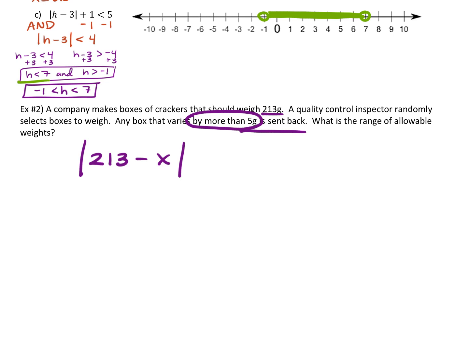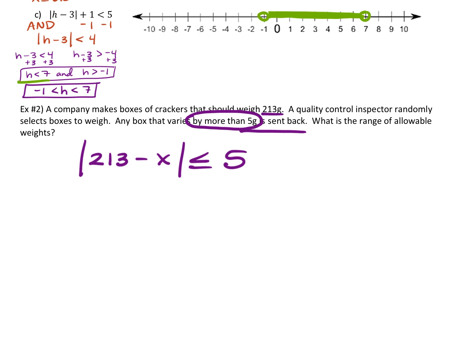So it's less than or equal to 5 grams, okay? Because if it's 5 grams off, it's not sent back. But if it's 5.2 grams off, it's gonna get sent back, right? So if we want the allowable weights, that's the 5 grams or less that it can be off by. Does that make sense? So less than or equal to 5 grams.